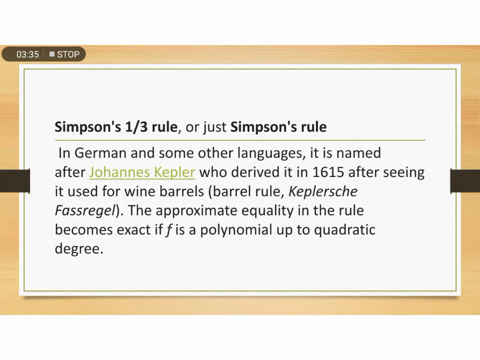Simpson's 1/3 rule is an extension of the trapezoidal rule, in which the integrand is approximated by a second-order polynomial, and Simpson's rules can be derived from various approaches using Newton's divided difference polynomial and the method of coefficients.